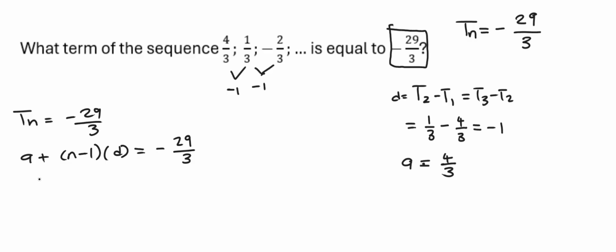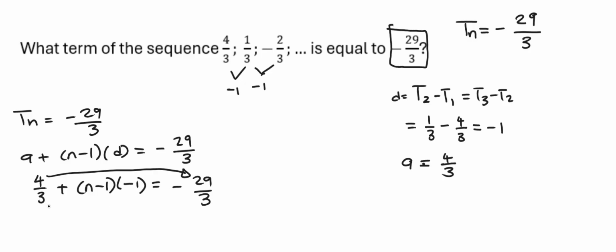Therefore, now we are going to say our first term is going to be equal to 4 over 3 plus n minus 1 multiplied by negative 1, and that's going to be equal to negative 29 over 3. And then now when we have this, we have to take the 4 over 3 to the other side, and then we are going to be left on this side with n minus 1 multiplied by negative 1, and that's going to be equal to negative 29 over 3 minus 4 over 3.